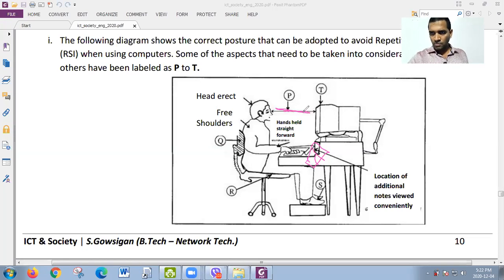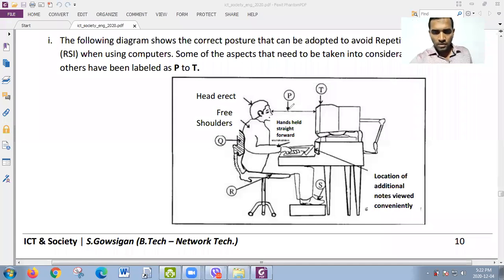So now you can simply say that P is maybe the distance between the eyes and the monitor. Even you can say the eye level, because it is not clear. We are unable to confirm whether P denotes a space or the eye level; anything is okay.